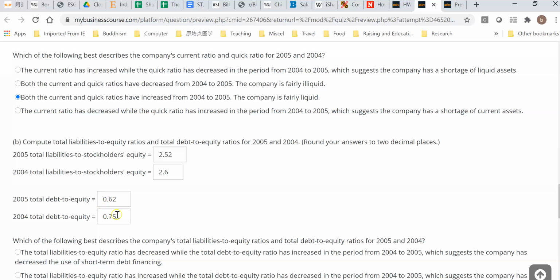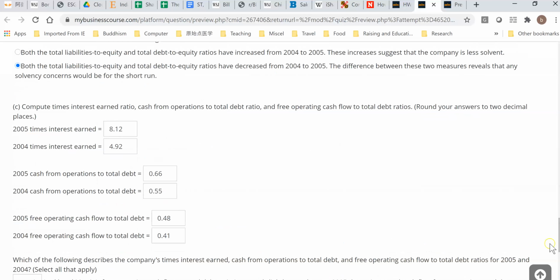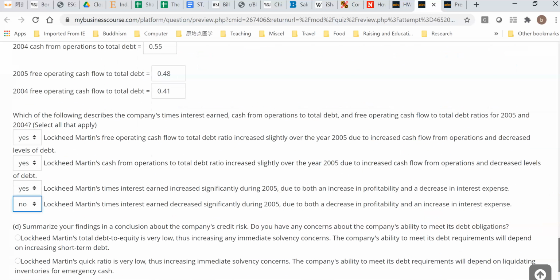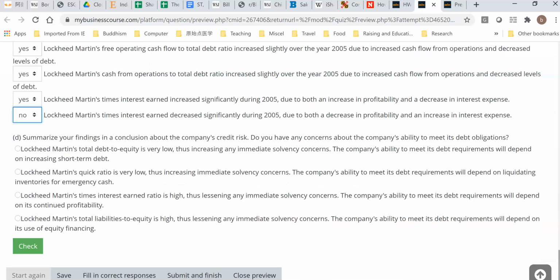This actually has been going down, so also no problem there. And what about these ratios? These ratios have been increasing, right, which is good in terms of the credit risk. So looking at these values, the company doesn't have any problem in the near term. So we just look for that.